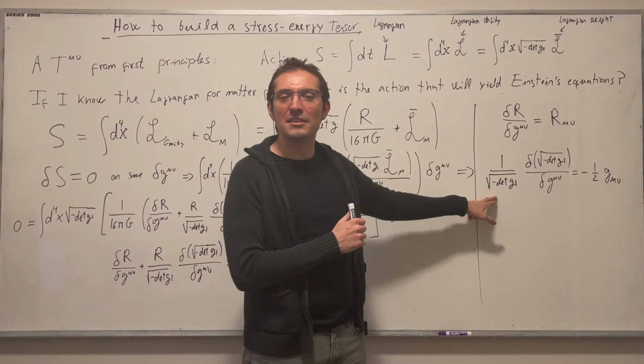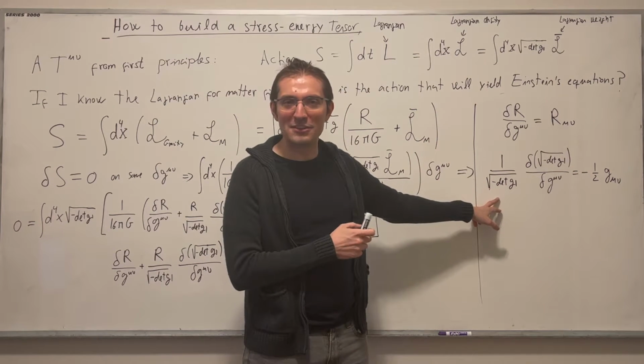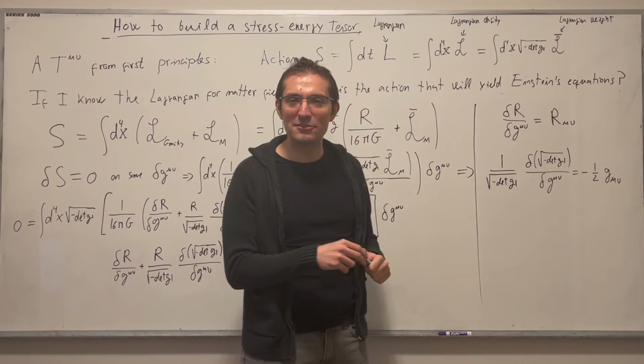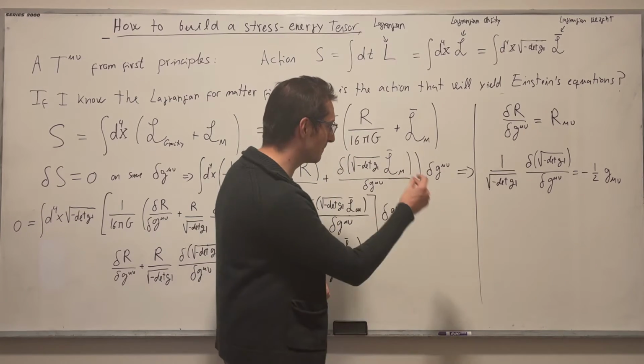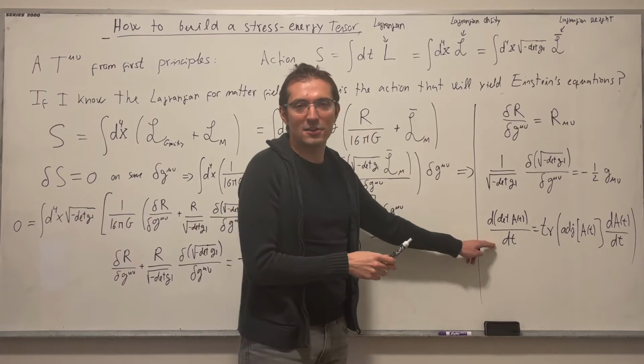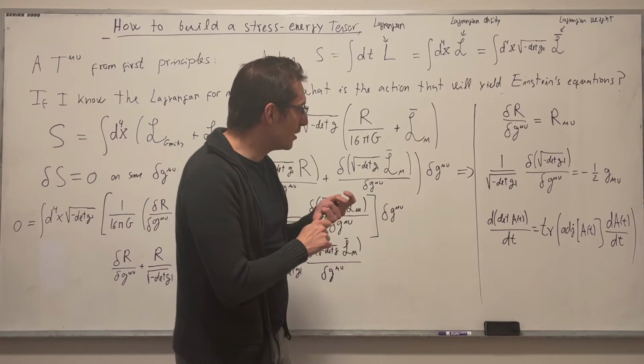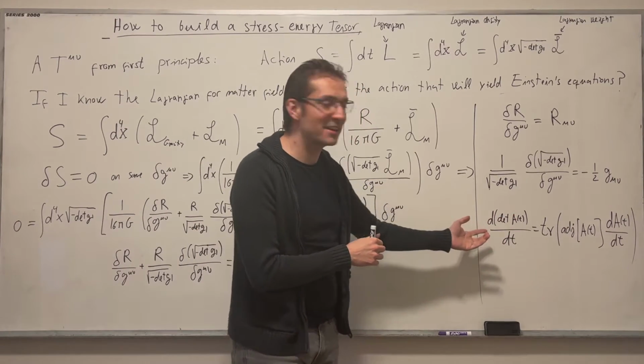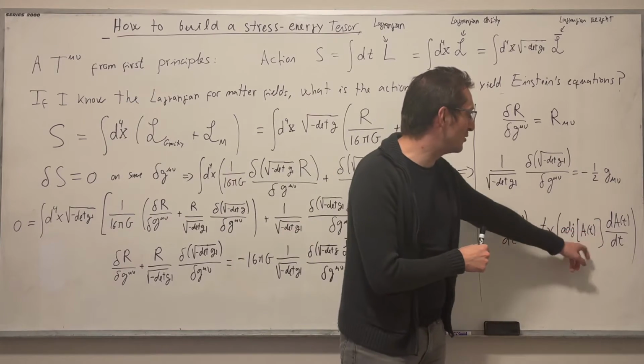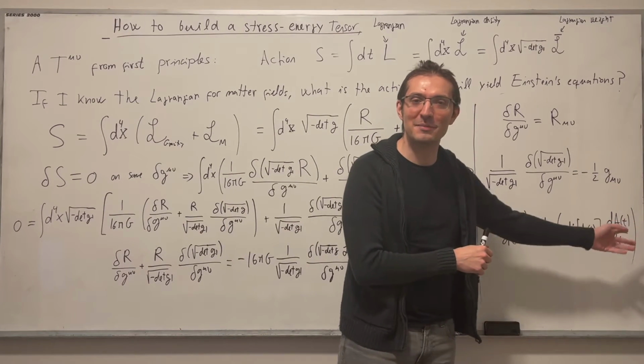To do this other one, there's something called Jacobi identity for matrices, how to differentiate a matrix, that is very helpful. I'll write it here as a hint. This is called Jacobi's formula, and it tells you how to differentiate the determinant of a matrix as a function of the trace of the adjoint of the matrix and the derivative of the matrix.